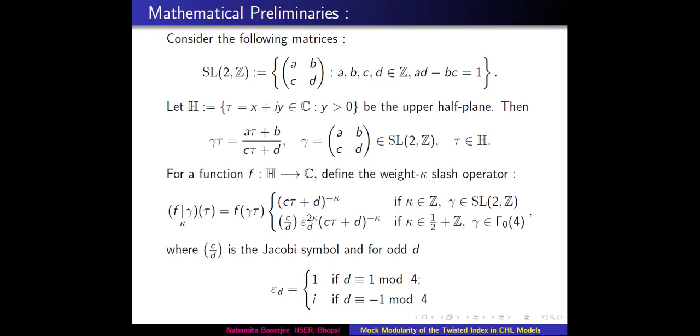K can be an even integer, an integer, or a half integer also. The slash operator f slash gamma tau is defined to have this kind of property. This is our definition of the operator. The various quantities appearing here are well-known objects, so I have noted what they are here.